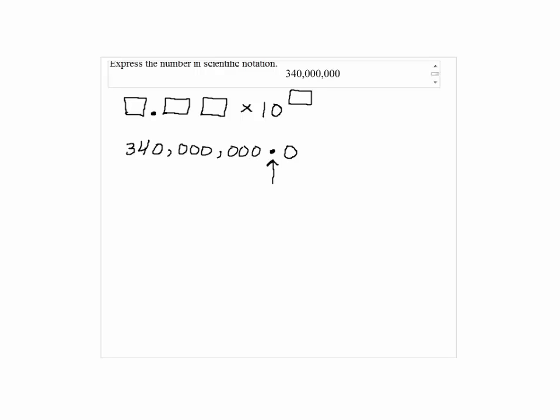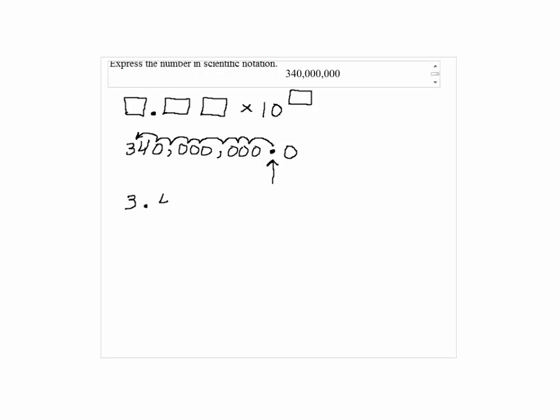To do that, we have to move this decimal point to the left 1, 2, 3, 4, 5, 6, 7, 8 times.